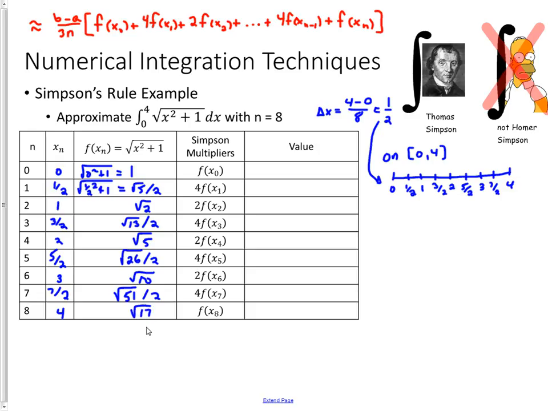Now, of course, this doesn't look like a lot of fun because we do have a lot of square roots going on right here. But remember, we're multiplying by these multipliers in our rule: 1, 4, 2, 4, 2, 4, 2, and so on down the list to 1 right here.